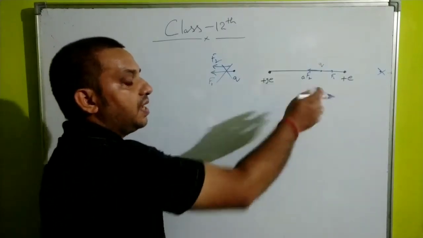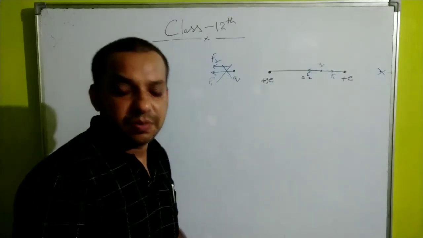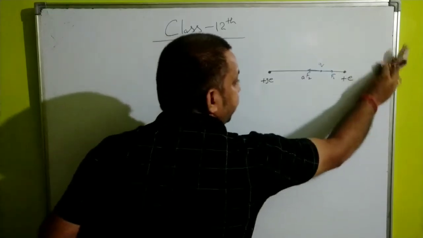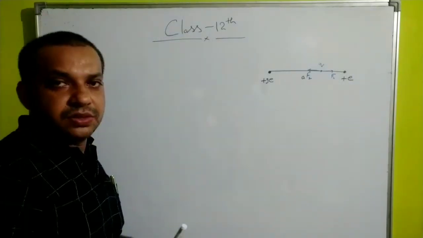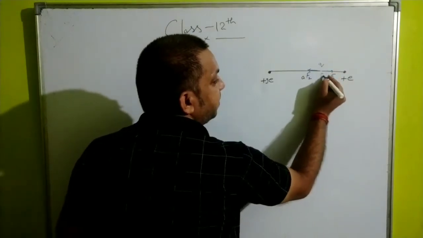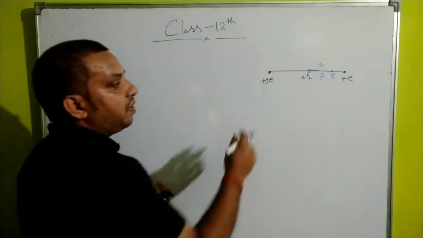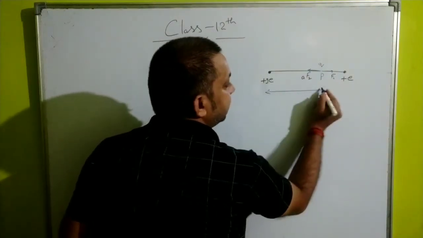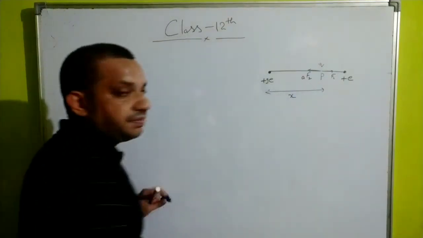So these two cases are practically not possible, so I am erasing them. This case is possible. Assume the point where the q charge is placed is P, and from this plus 9e to point P the separation is x.